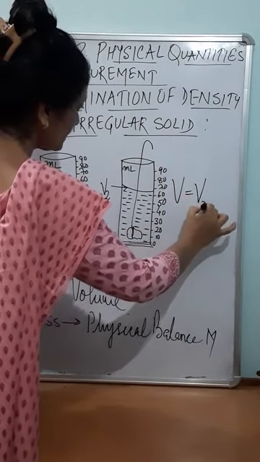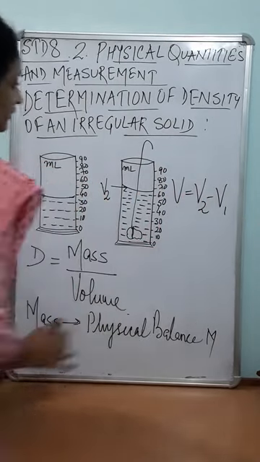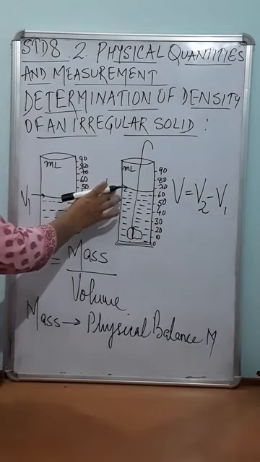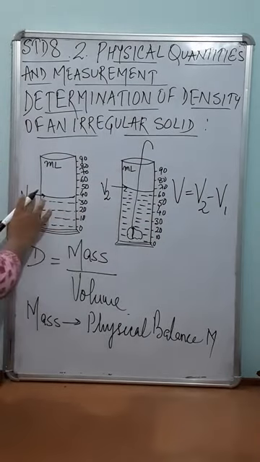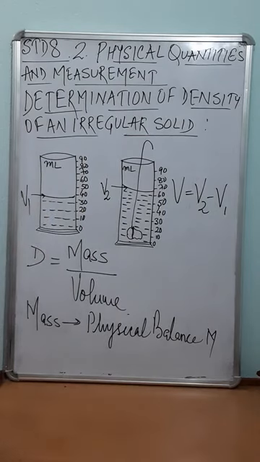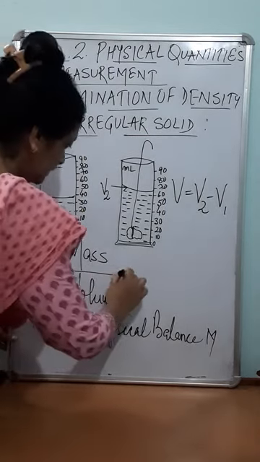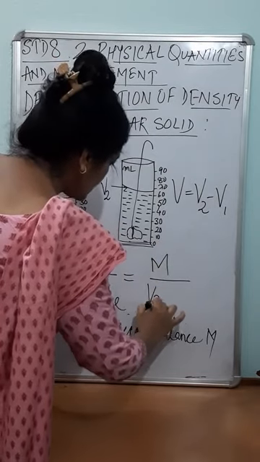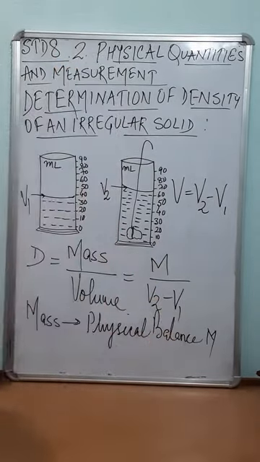So volume will be given by V2 minus V1, where V2 is the level of water when the stone is immersed and V1 is the original level of water. So density will be equal to mass by volume, which is m divided by V2 minus V1.